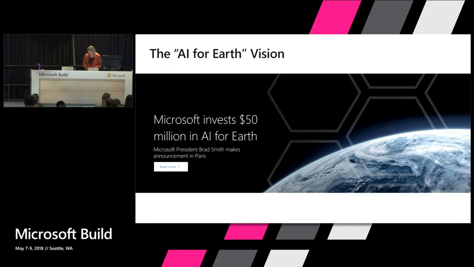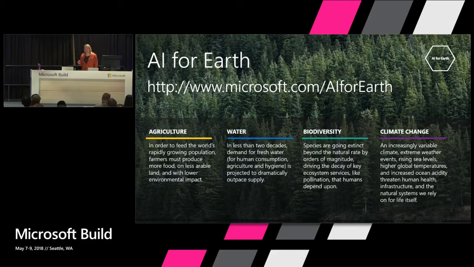And so that's what the program is. So it is a grant program where, if you're doing machine learning in this space, you can apply for a grant and get access to some free cloud resources to help solve some of these big problems.